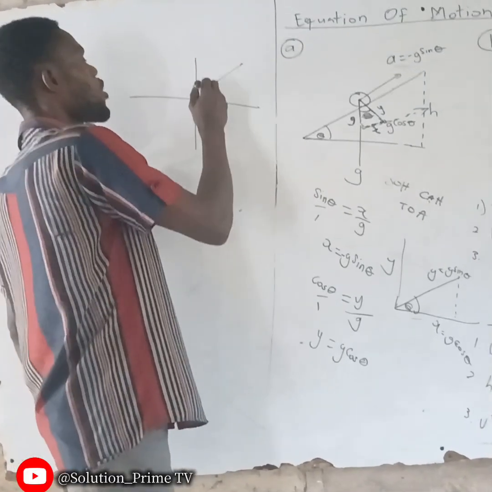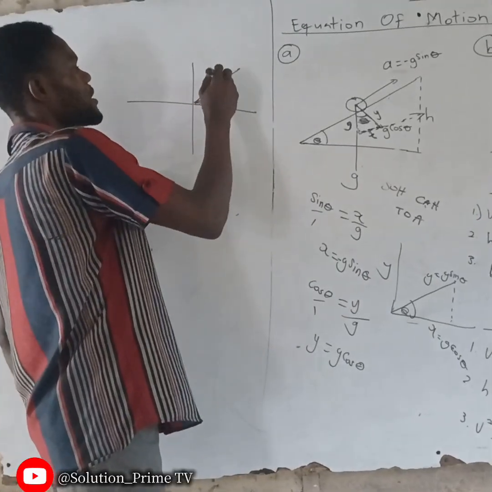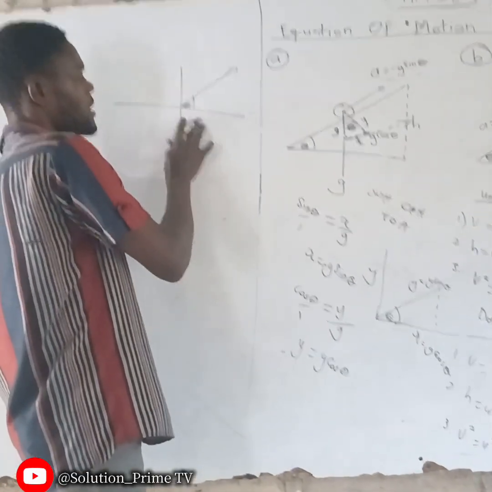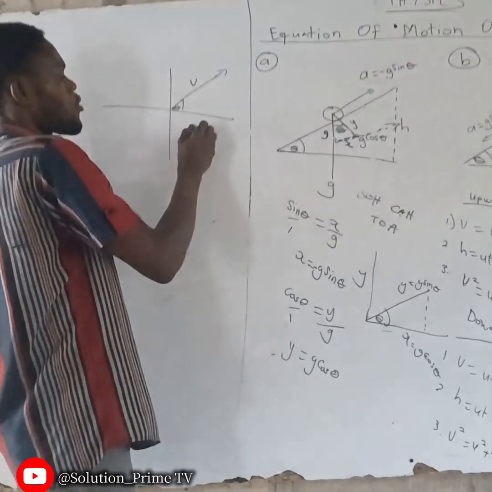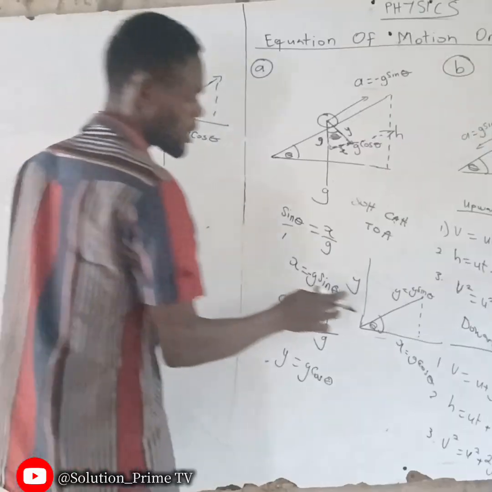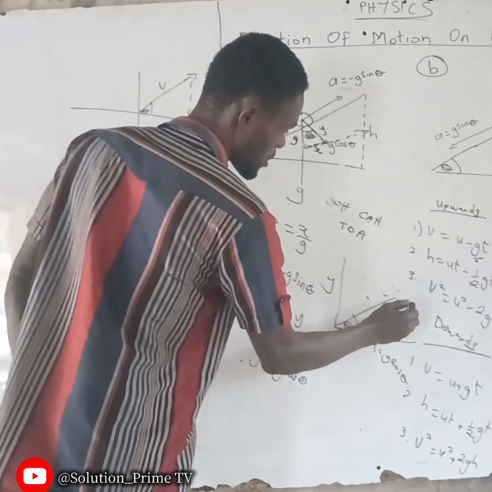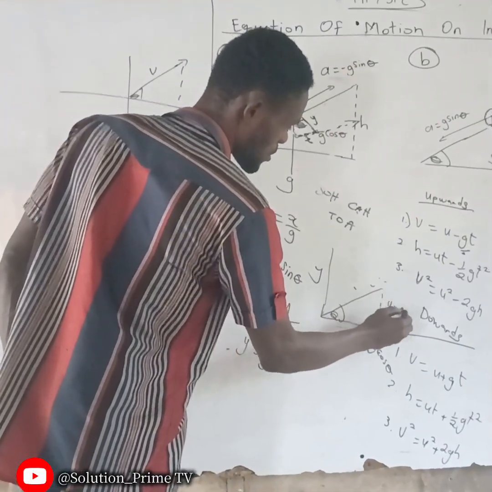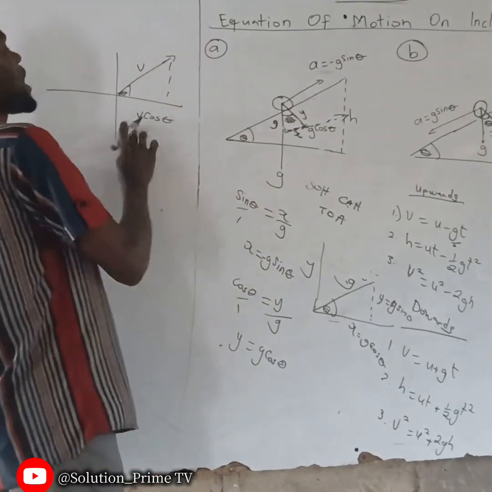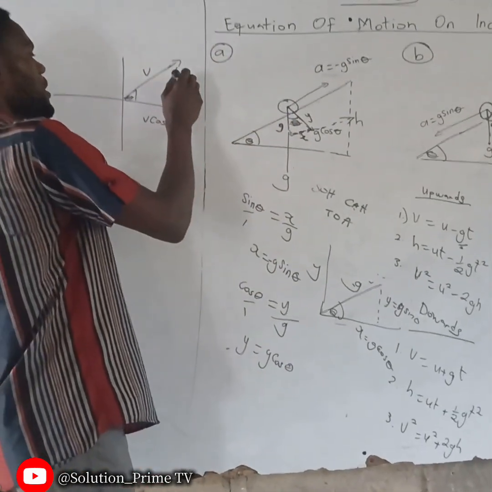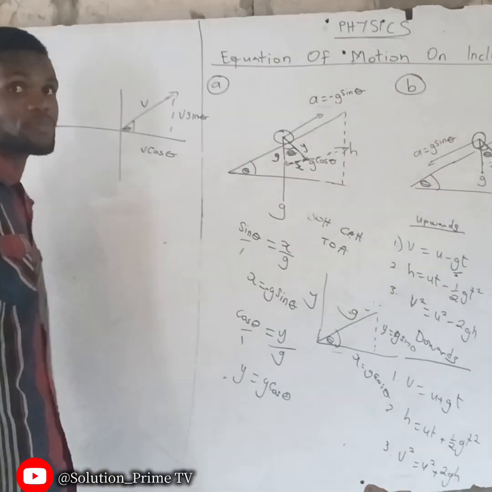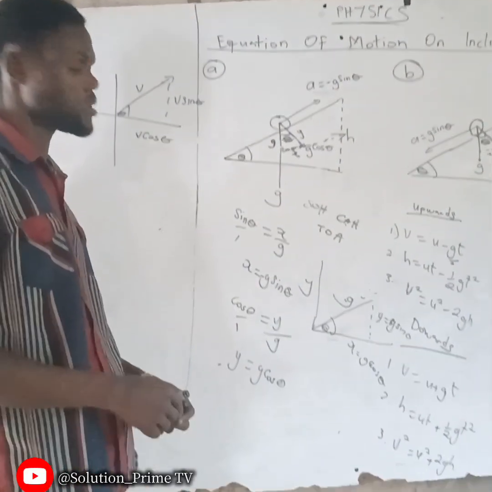For the first quadrant, if you are resolving any vector v, you have v cos theta along x, and v sine theta along y. Are you following? Okay.